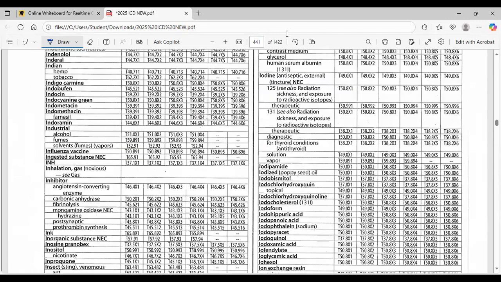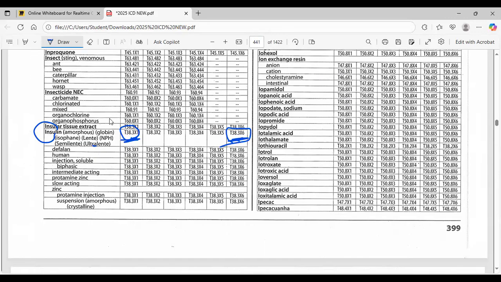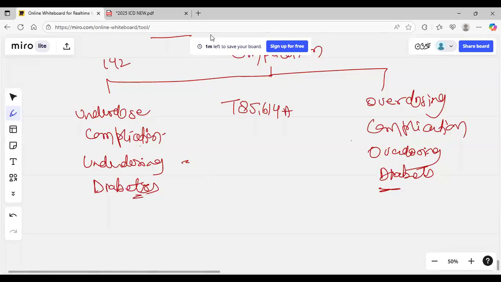Where is the insulin? Here we have the insulin. In our question, it was mentioned that the patient has an overdosing of insulin. So for overdosing, we have to refer to the poisoning accidental. So our code should be T38.3X1A. And at the end, we have to code the diabetes.